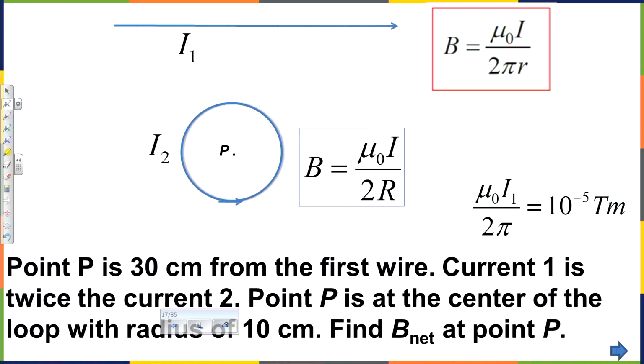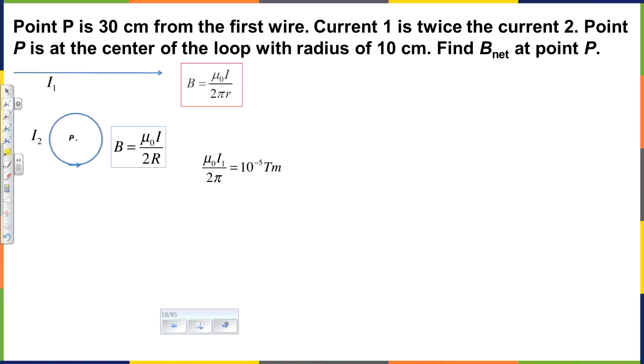So again, please take a minute and draw the vector of magnetic field generated by the long wire at this point. And then the magnetic field number 2 generated by electric current inside this loop at the same point.